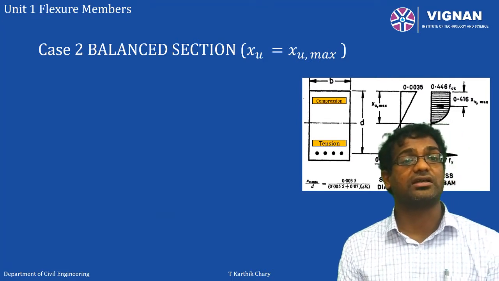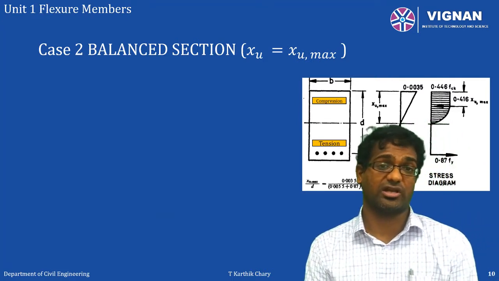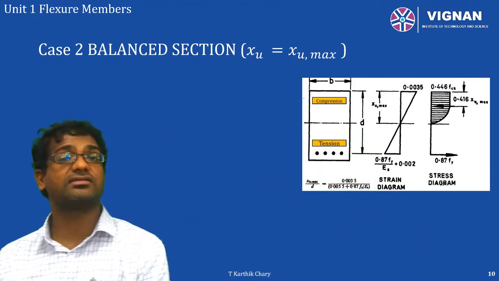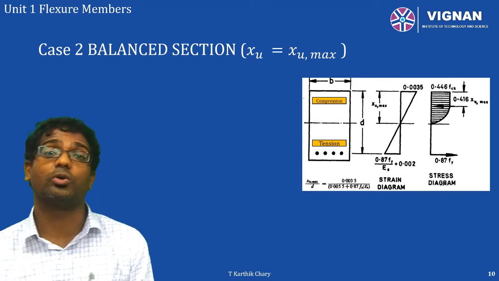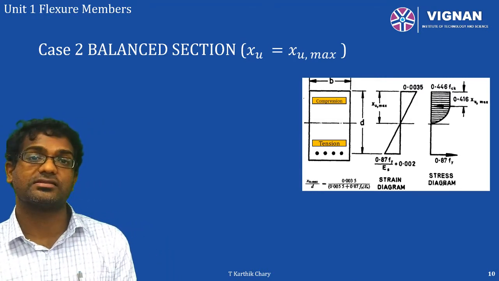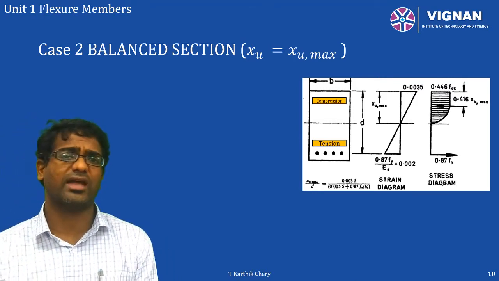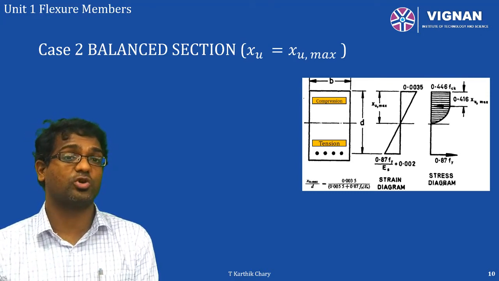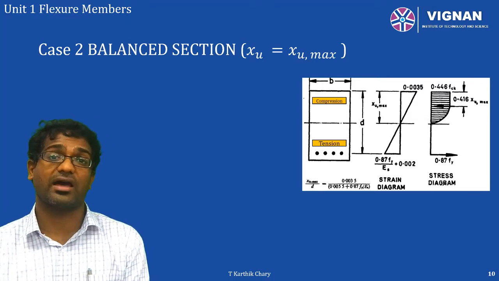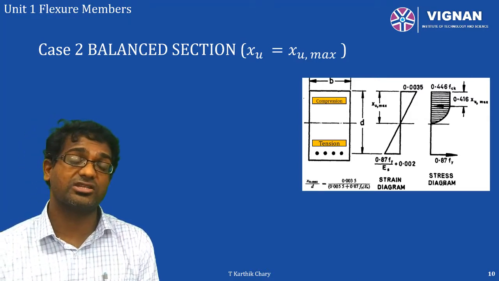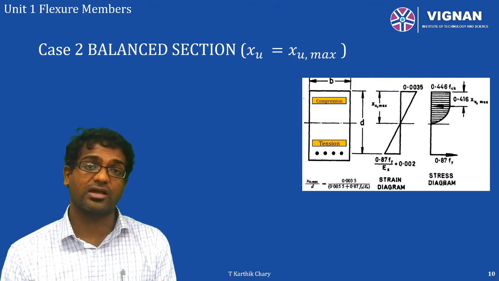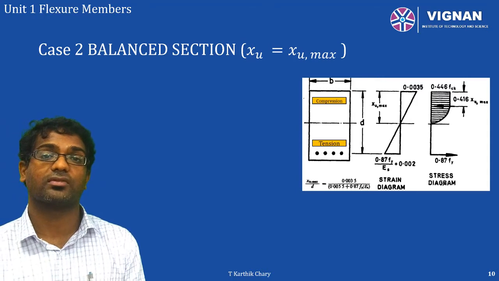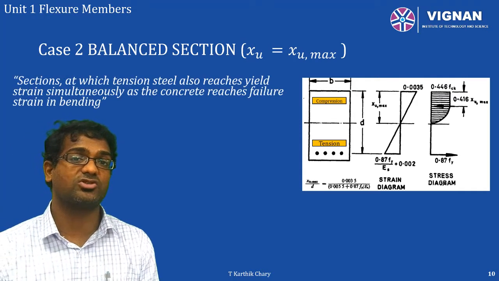Now let us consider another criterion where the actual neutral axis is exactly equal to the limiting neutral axis. This will not happen exactly, but for design purposes, we can choose sections as balanced sections. Balanced sections will give you less reinforcement so that the cost of construction can be reduced. Now what is this balanced section all about?